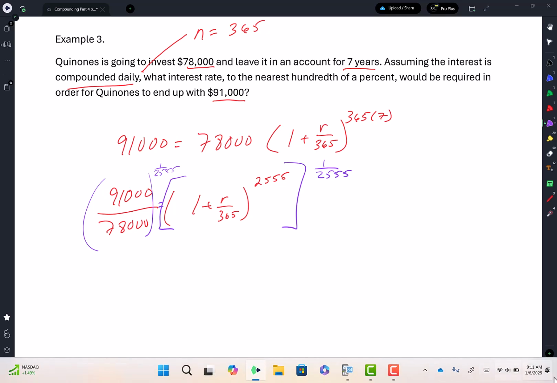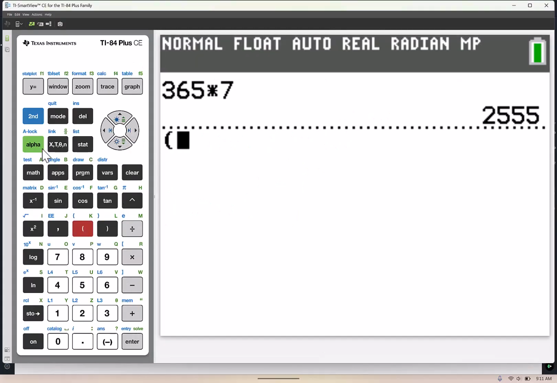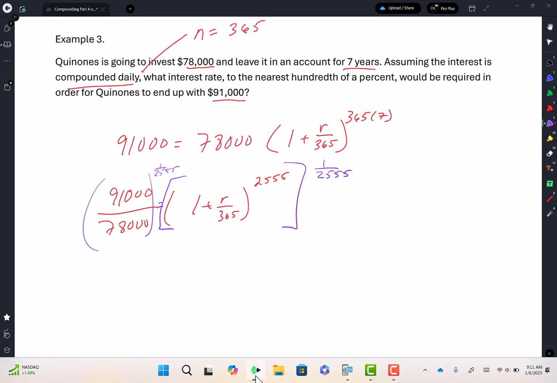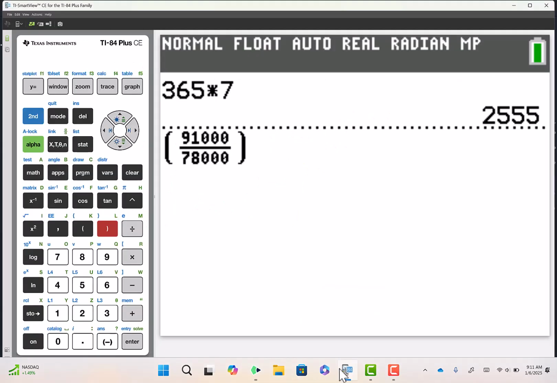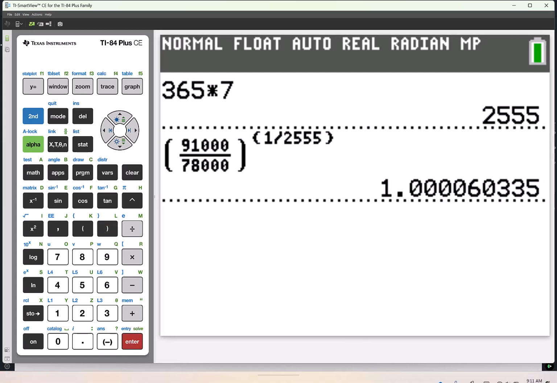So 91,000 over 78,000, let me make sure I didn't make any mistakes. Nope. Raised to the power 1 over 2555. Enter. So there it is.